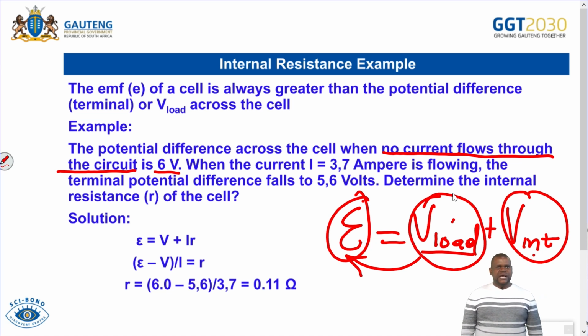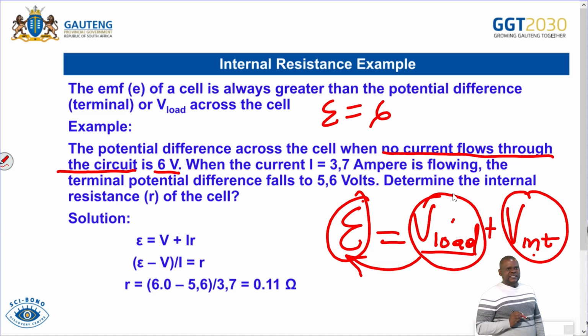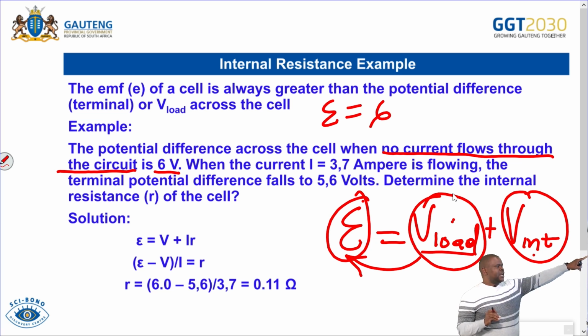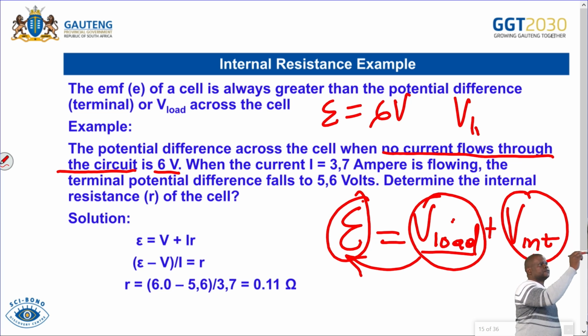The question is, determine the internal resistance of the cell. You can see here, grade 11s, our EMF is equal to 6. Then they said when you close the switch, this EMF will decrease from 6 volts to the V load, which is going to be what?